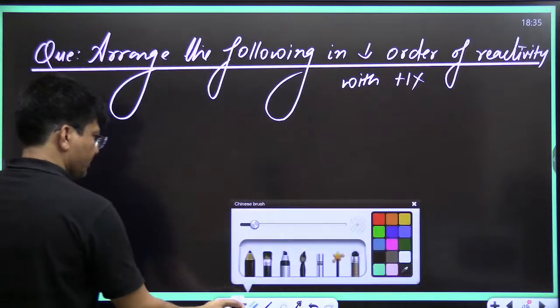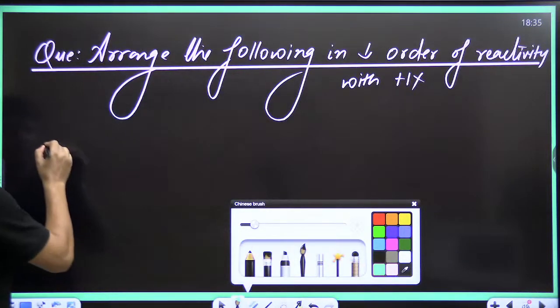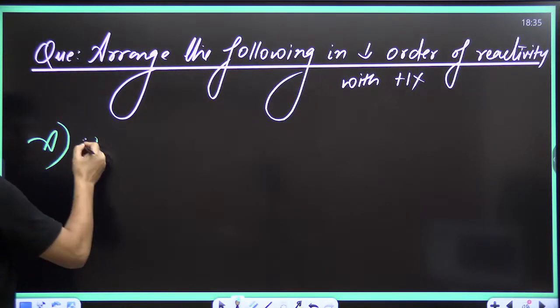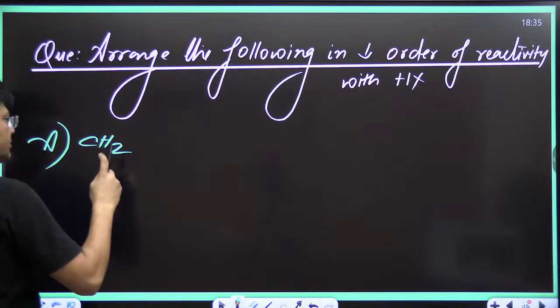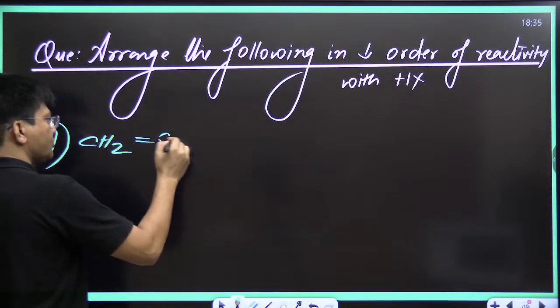So the options given are alkadiene, that is butadiene, kids. Butadiene.